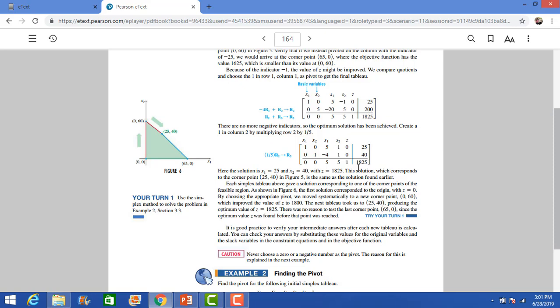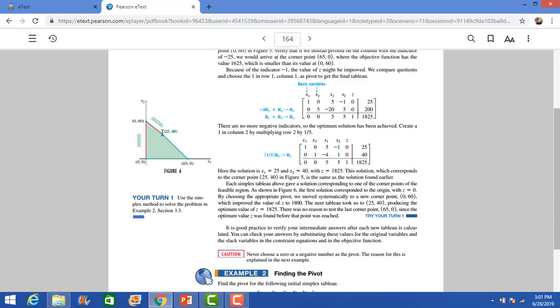Okay. Now, each simplex tableau above gave a solution corresponding to one of the corner points of the feasible region. And notice the way it worked. You started at the origin with the initial tableau, and then it moved up to this corner, and then it moved to this corner.